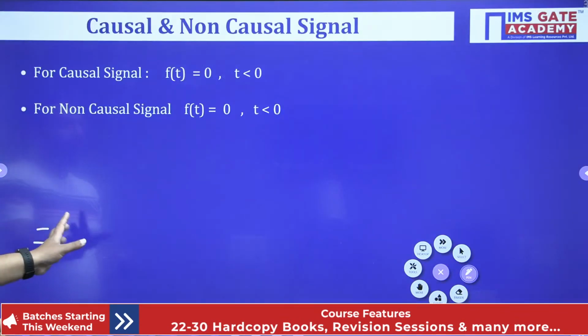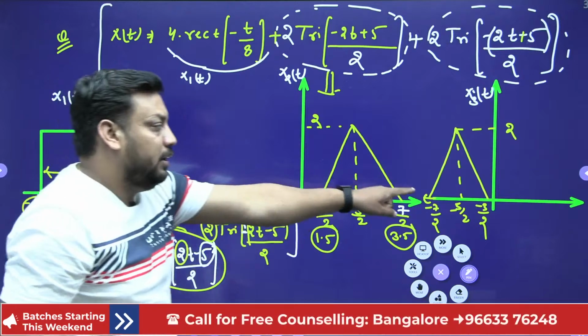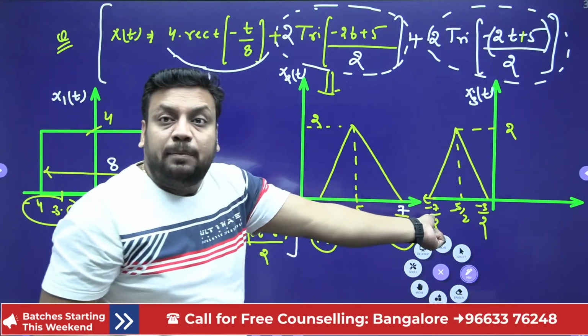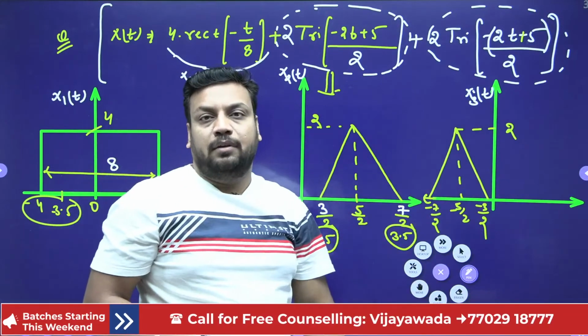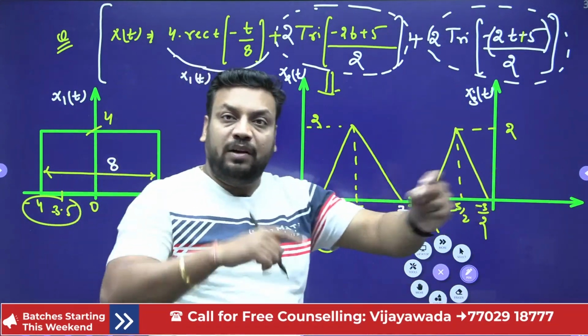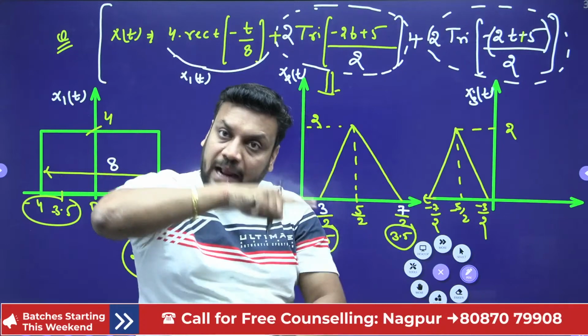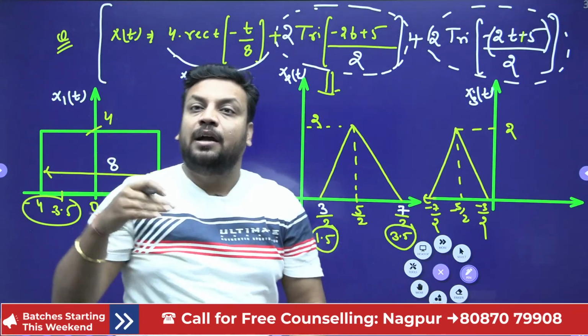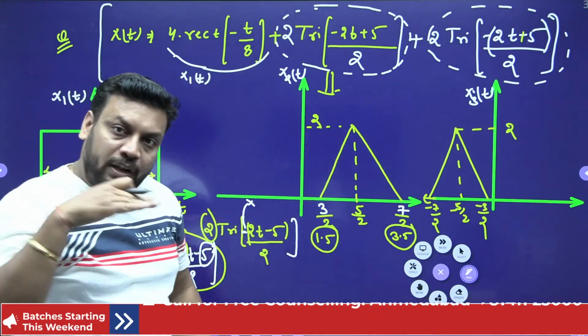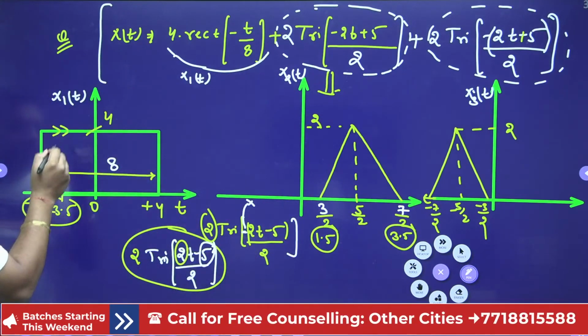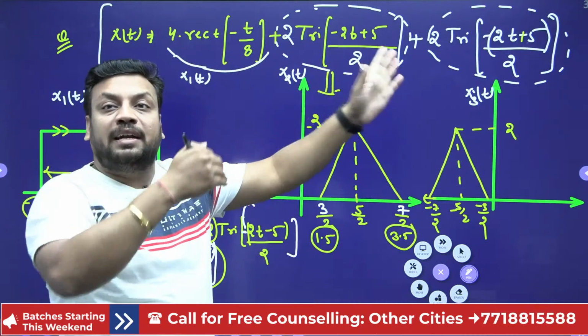But after that, one triangular nature will come. Here, -7 by 2 means -3.5. From -3.5 to -1.5, a triangle will add, whereas the constant term plus 4 is there. So with the rectangular pulse of plus 4, you also have to add a triangular one.